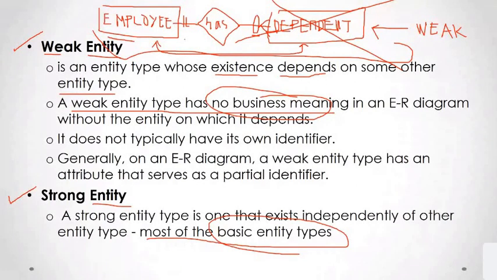So the relationship has is binary, because there are two entities that are involved. We have employee and dependent, and that's the most common, because I think all of the relationships we had created involve two entities.